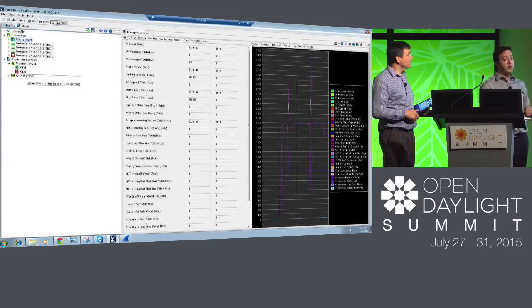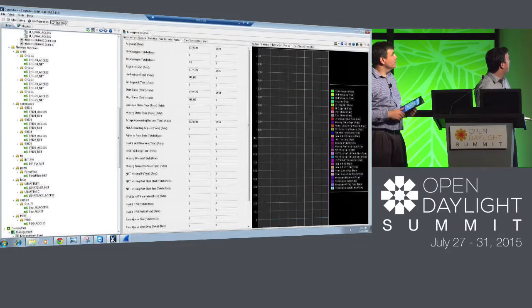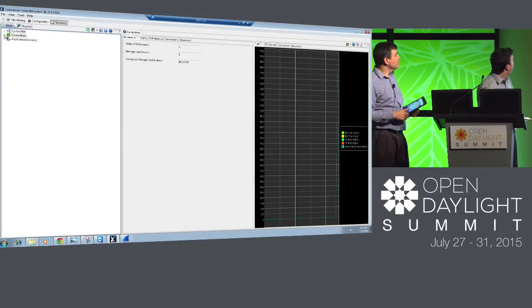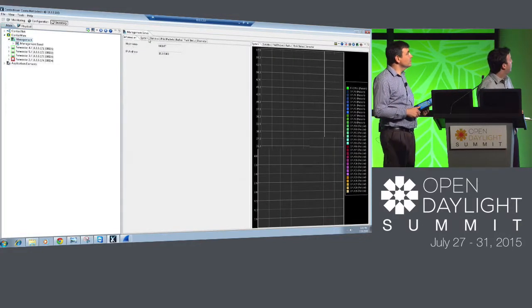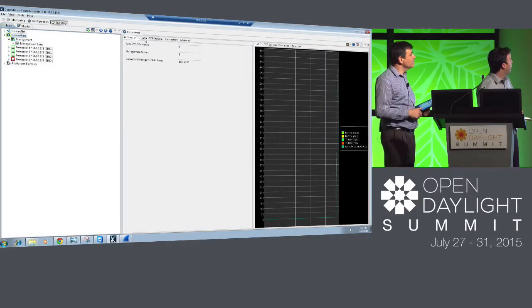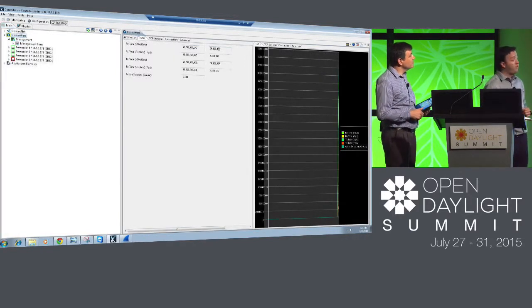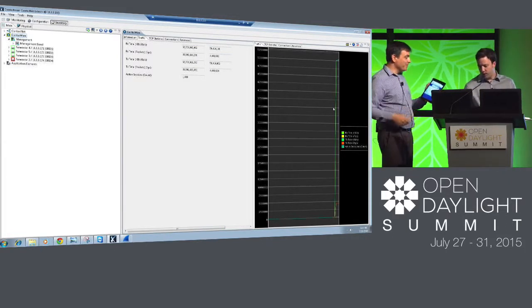Yes, the controller is out. Again, traffic should not be affected. As we go back to the traffic view, at no point is the traffic affected. 50 gig, okay? And my iPad, of course, is also surfing through that setup.